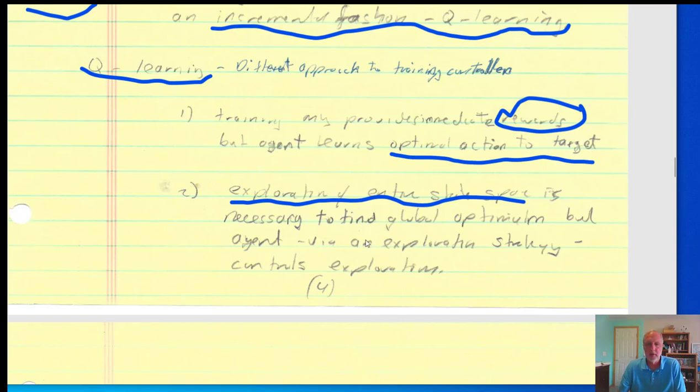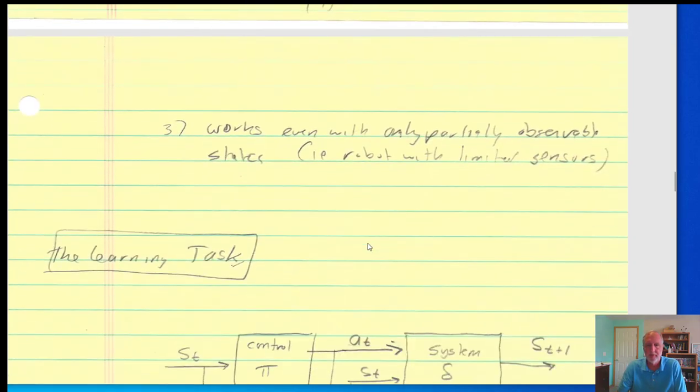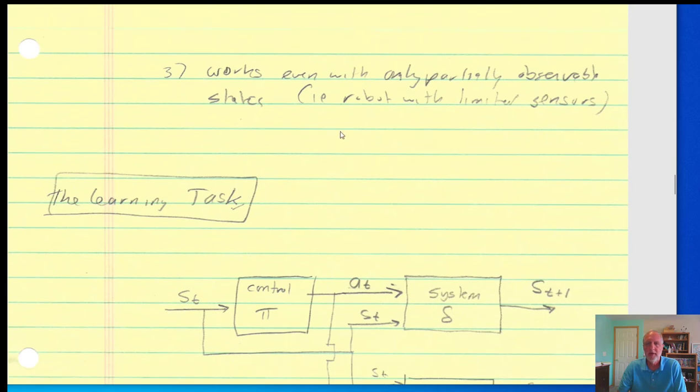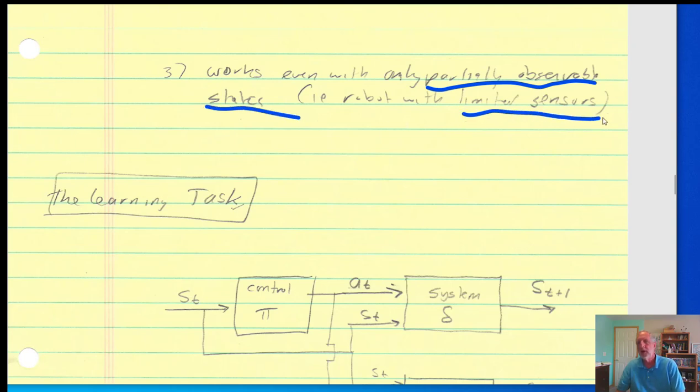That becomes difficult, and so Q-learning is a way to explore through the space that helps optimize that process. The upside is this works even with only partially observable states. Like if you have a robot and you have a limited number of sensors on board, it may not know everything about where it is in the environment, but it may have some limited information.